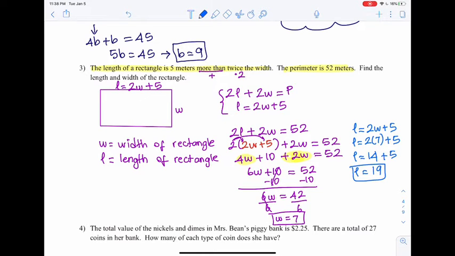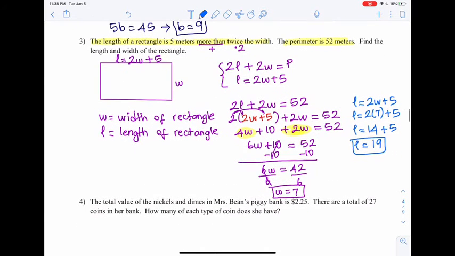Our final answer will be written in a complete sentence.